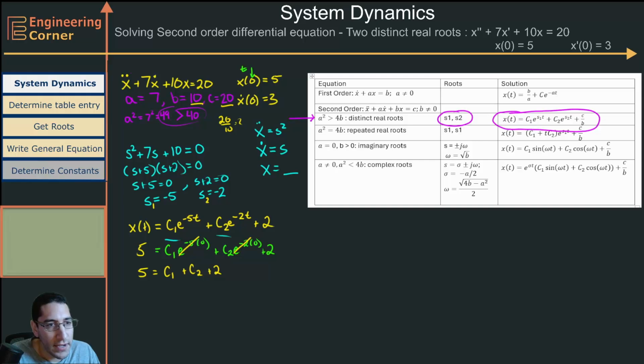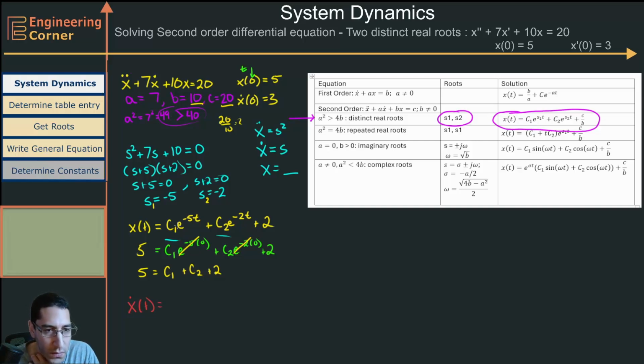But if we look at our initial conditions, we have another one right here, which is x dot. So the derivative of our x equation is going to be equal to 3 at time equal to 0. So we can take this general equation and differentiate it with respect to time. What do we get?